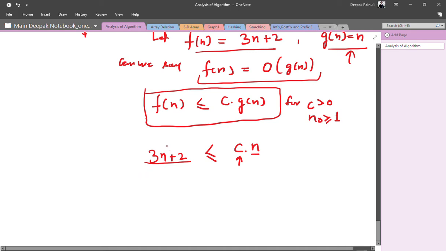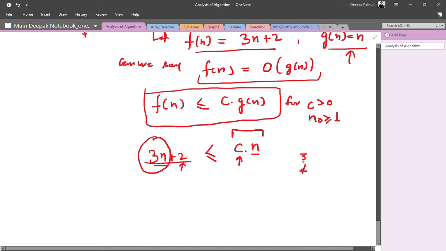See here, the dominating term in this equation is 3n. This 2 is a constant; for every value of n this 2 remains 2. So definitely the highest order of the left hand side is n. All the value of this relation will depend on the value of n, right guys? So if you want this value to be greater than 3n, then the least value should be 3 or 4, right?